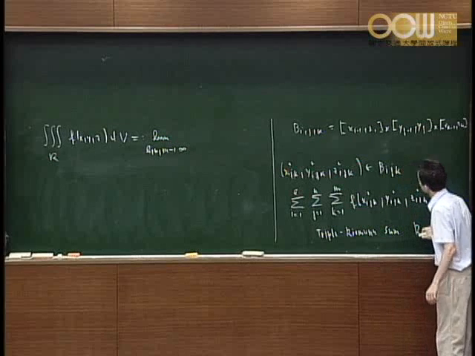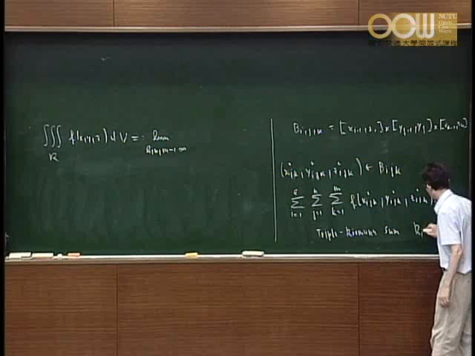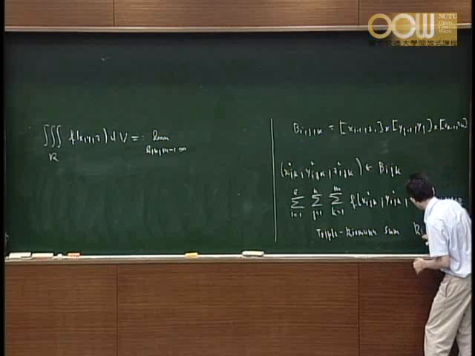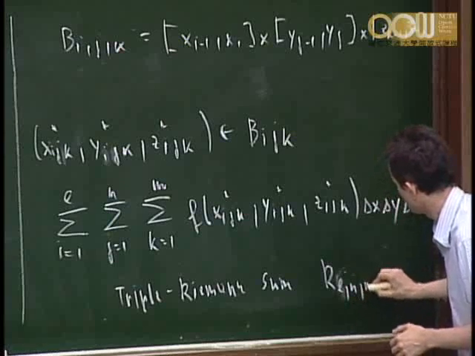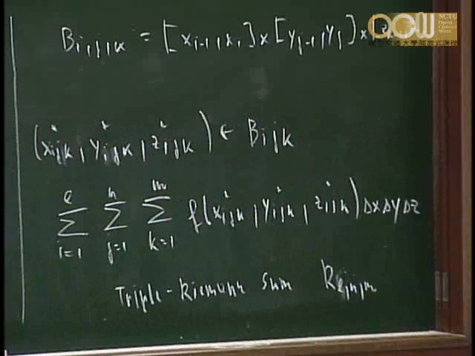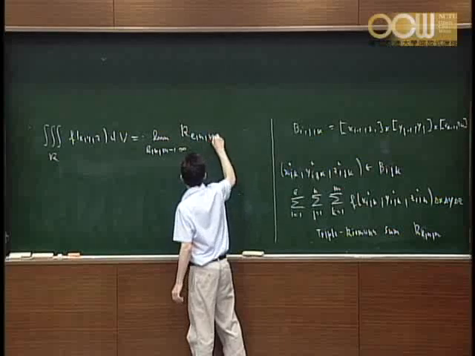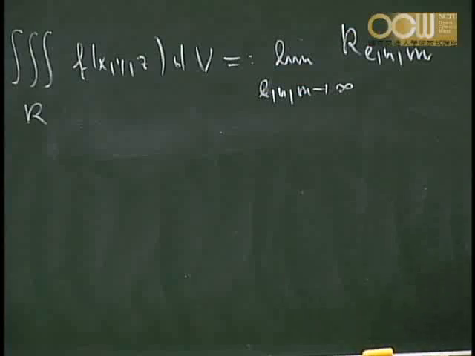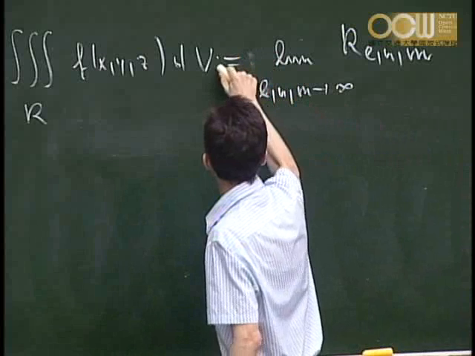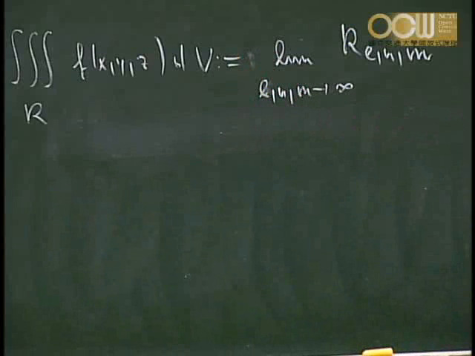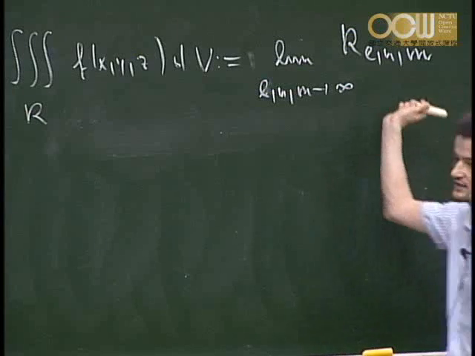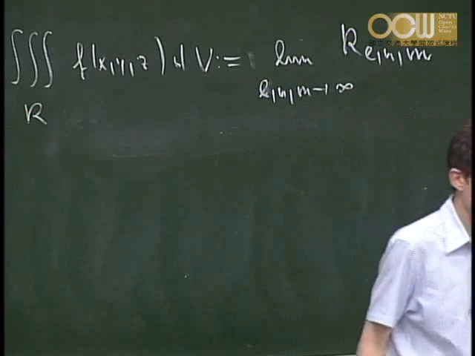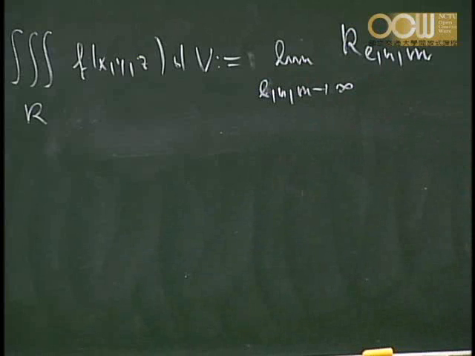Of course, this is if it exists. There might be functions where this limit does not exist, or where this limit depends on the choice of the sample points, so that for different sample points I get different limits.